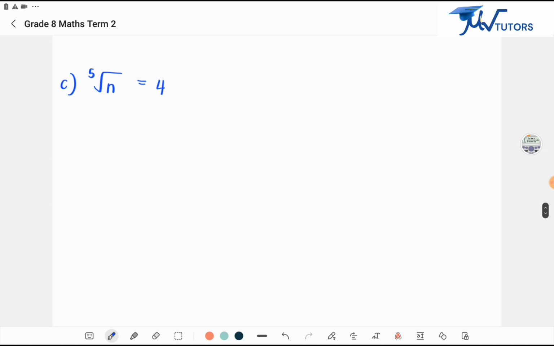And then for C, we have a root to the 5th. We've had a square root, we had a cubed root, now we have a root to the 5th. We want to get rid of that root there, so we're going to bring it up to the power 5.